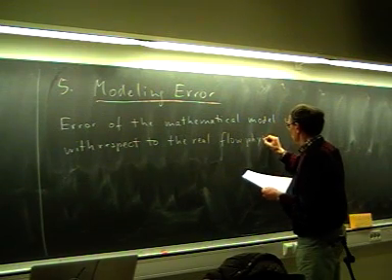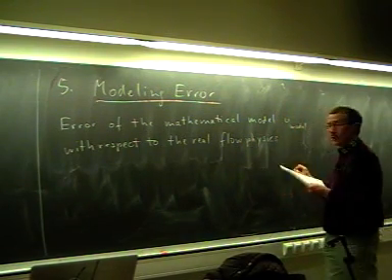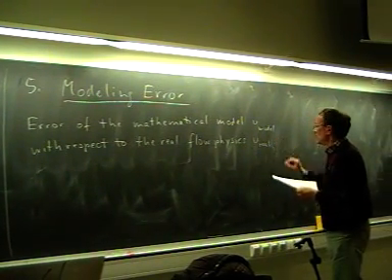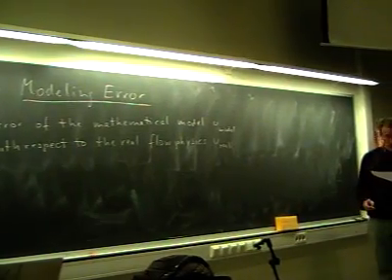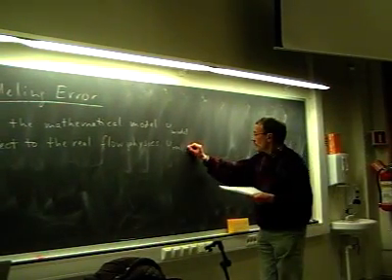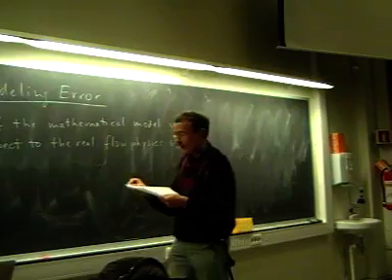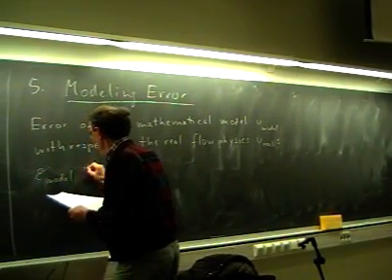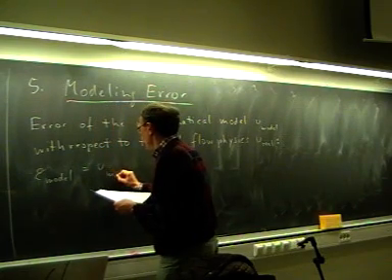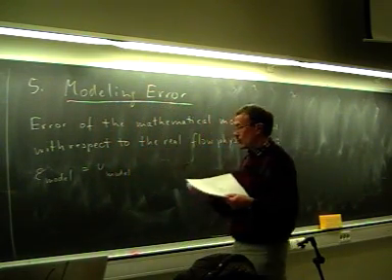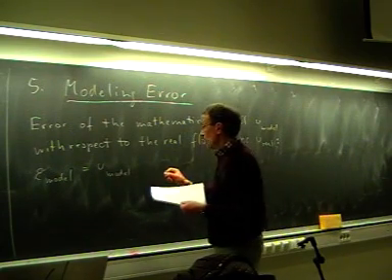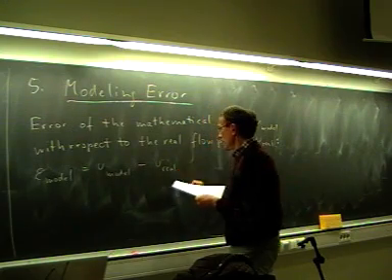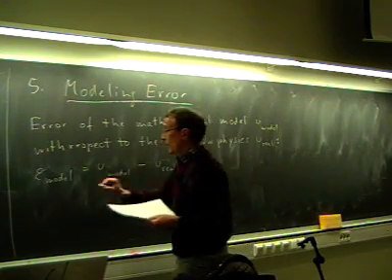That is what we want to describe, that we can call the U real. So the modeling error is the difference of the solution of the mathematical model minus the solution that we have in the real flow physics.